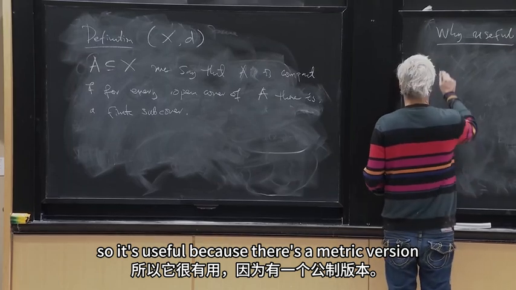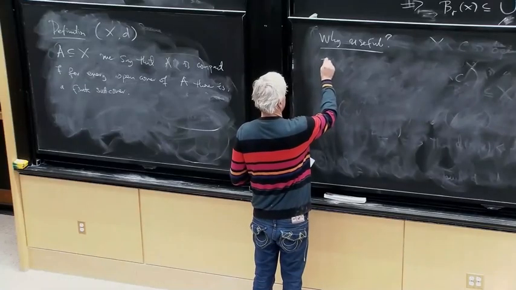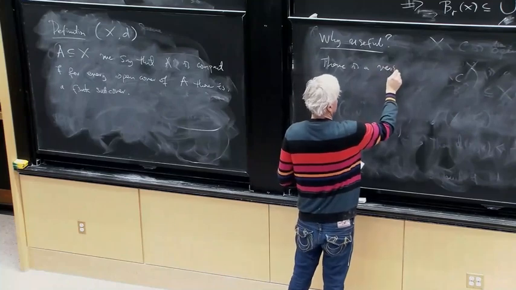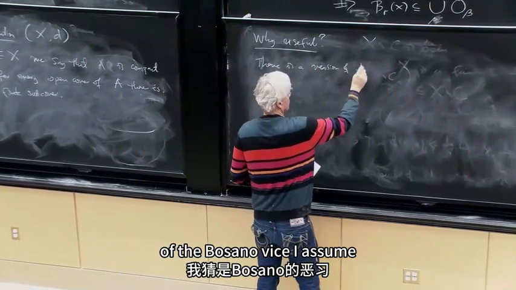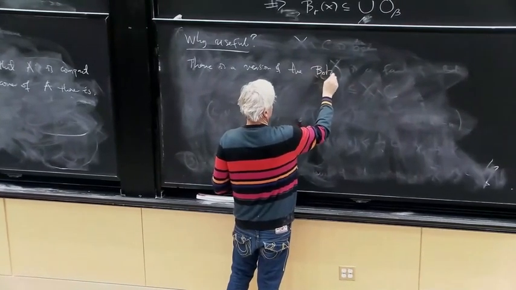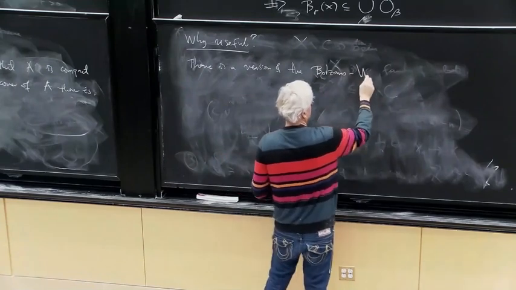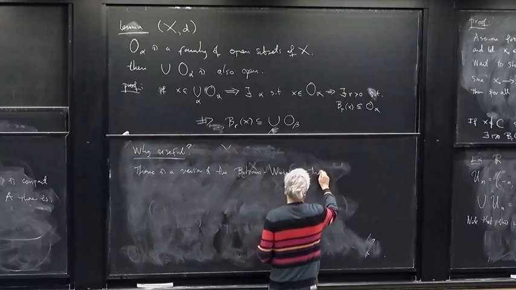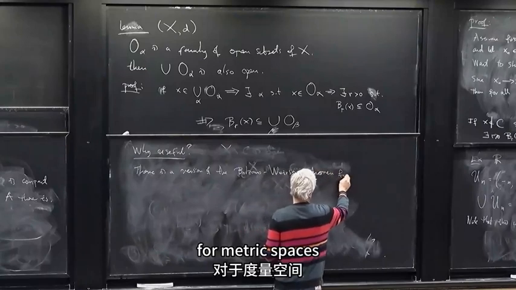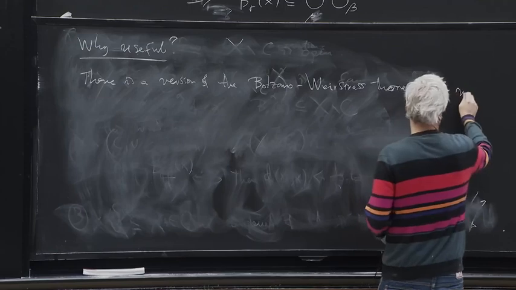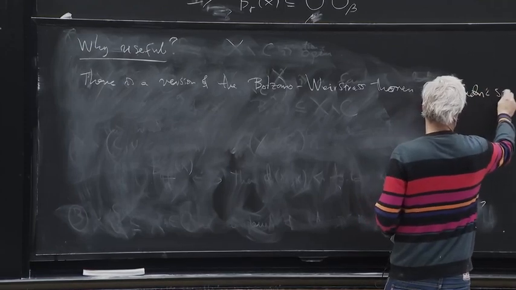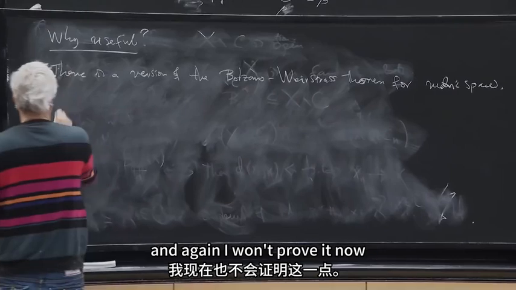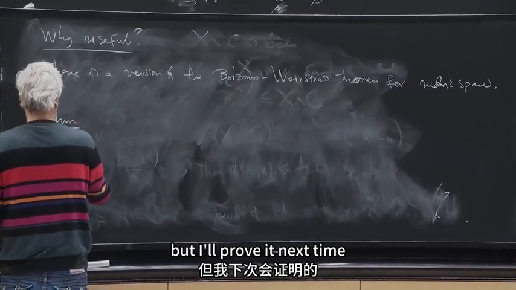It's useful because there's a metric version of the Bolzano-Weierstrass theorem for metric spaces. And so this is the following theorem. Again, I won't prove it now, but I'll prove it next time.